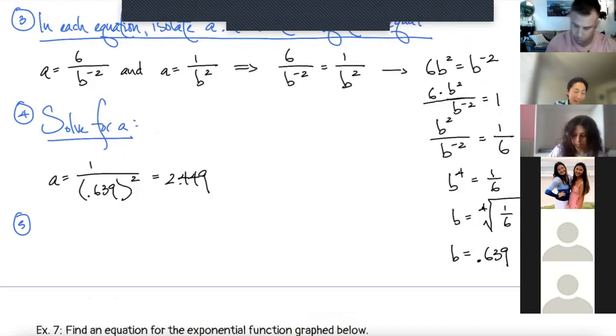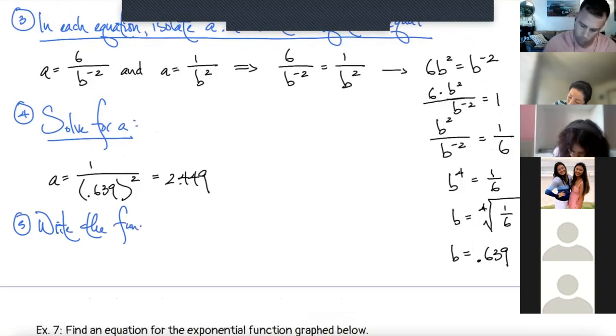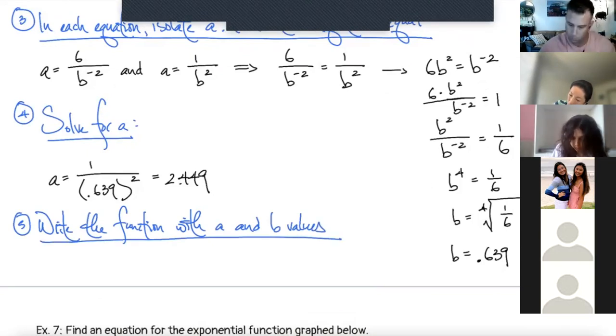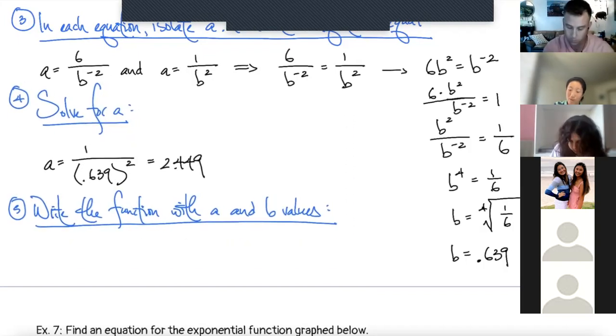Our last step here, we're going to write the function with A and B values, all right? We don't want to just find the values and say, I found the values, we're all good. We actually want to finish the problem and write our answer in a way that makes sense for what we're being asked.